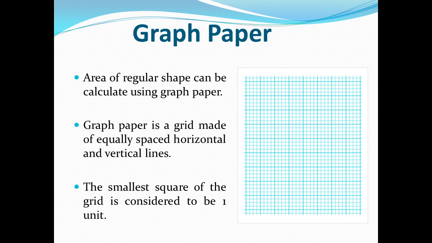For time, we studied devices like clock, watch, stopwatch. To measure temperature, we use clinical or laboratory thermometers. To find out the area, we can either use fixed formulas, or you can use graph paper.